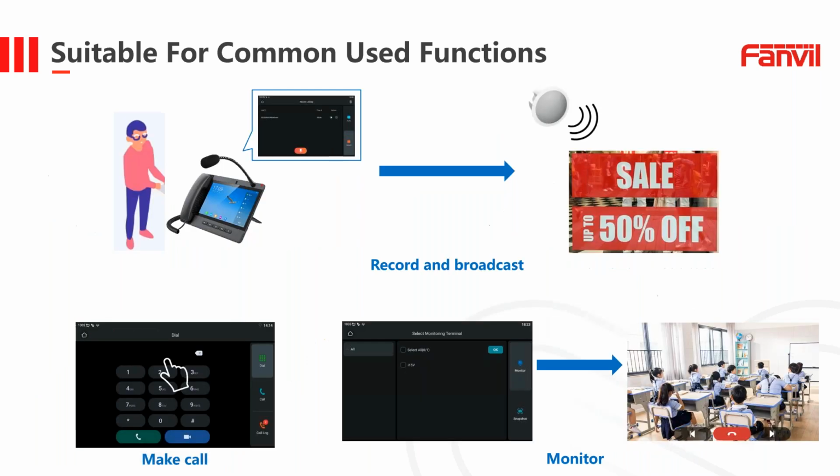And sometimes customers may need to record their voice and broadcast it at a suitable time. For example, a supermarket may run sales at night, and in this situation, the user can start a task and choose a record file as audio source.